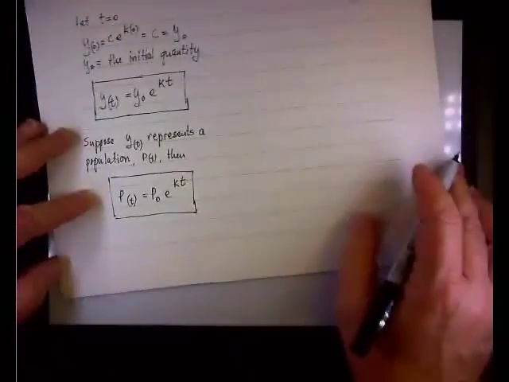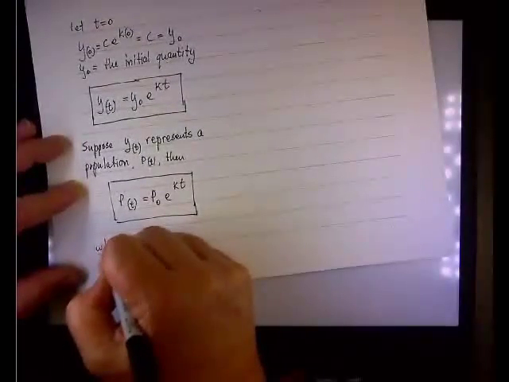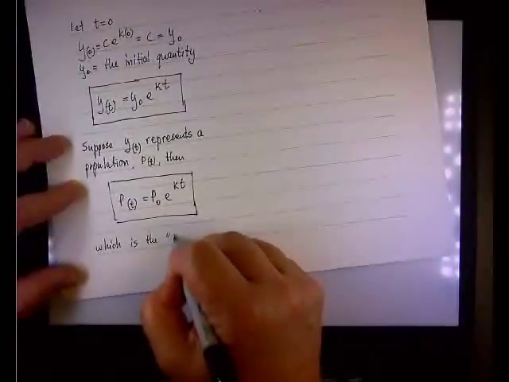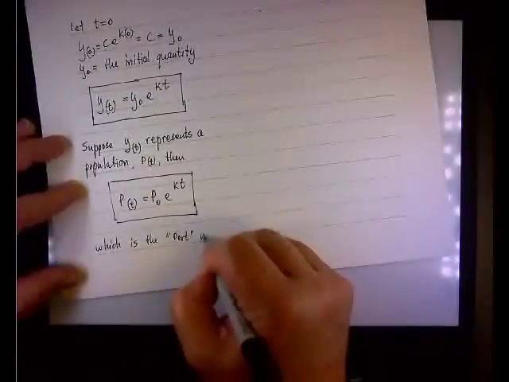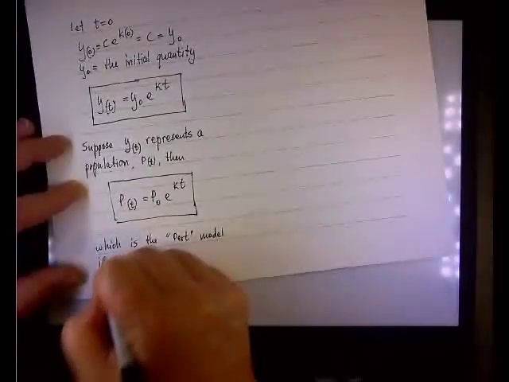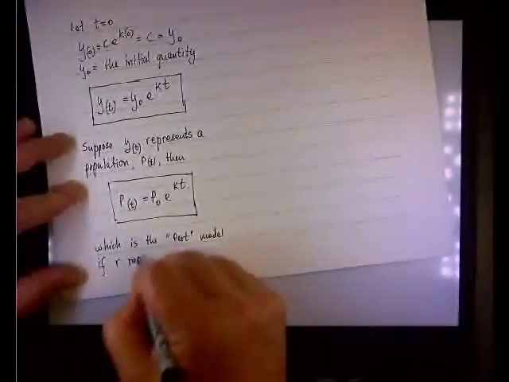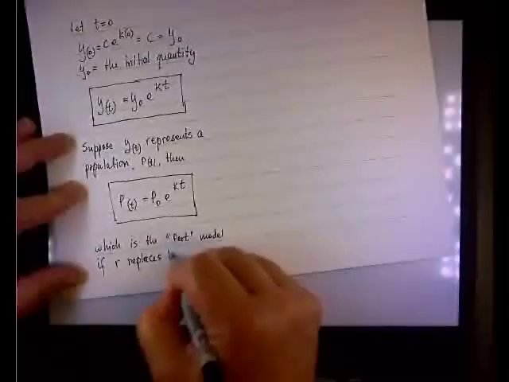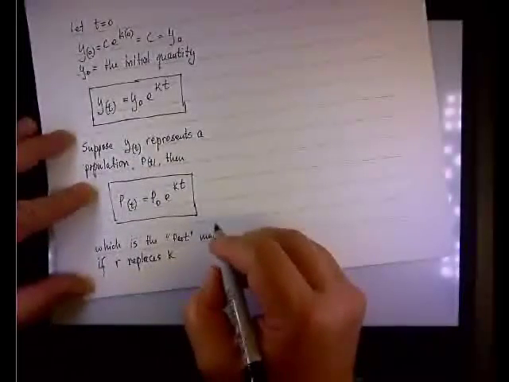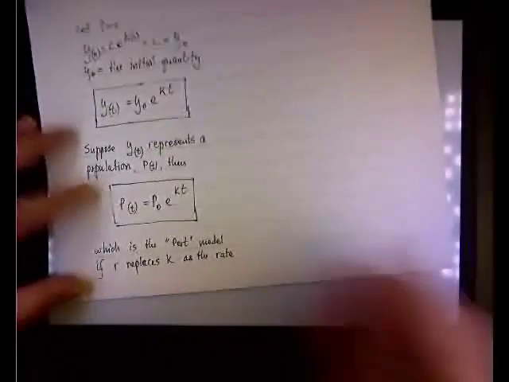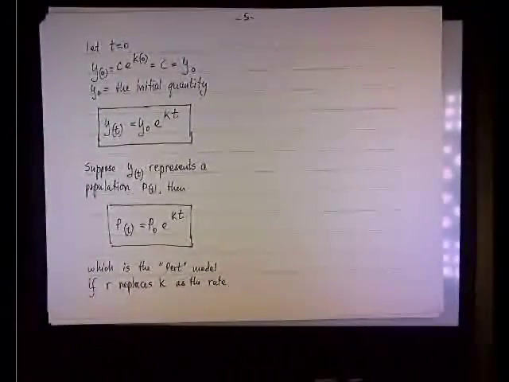Again, which is the PERT model, if r replaces k. It is the rate. Okay. All right, and now we are ready for some exercises.